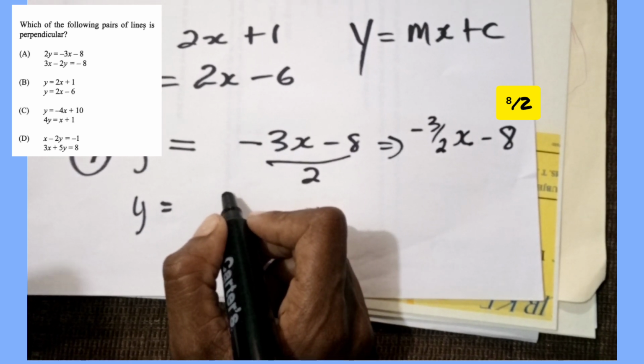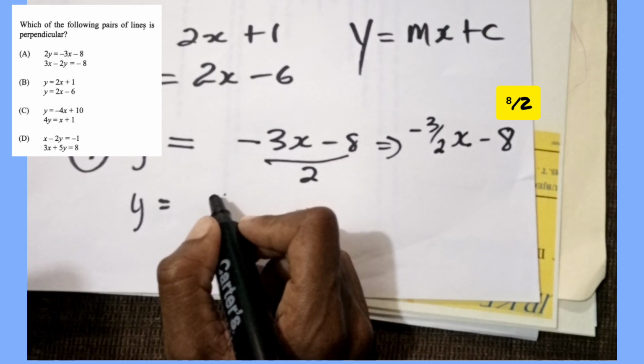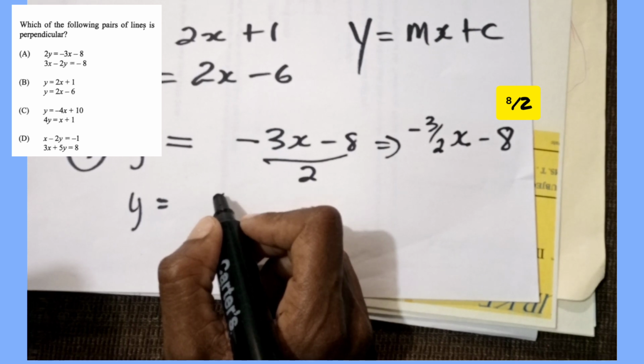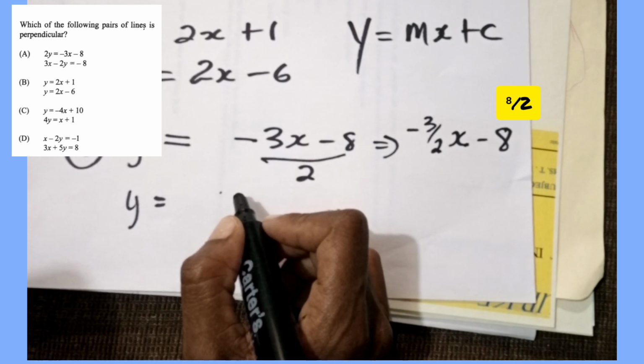Same place at A, we're looking at A. So that equation now, we're going to take over the 3x and we're going to take over negative 2. Right? I hope you're following.